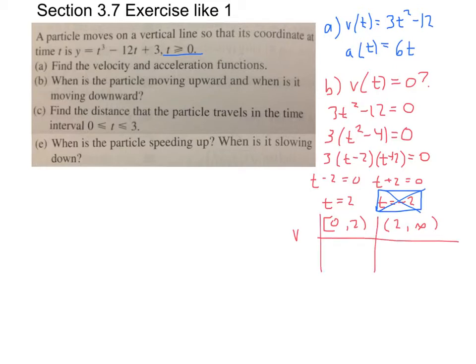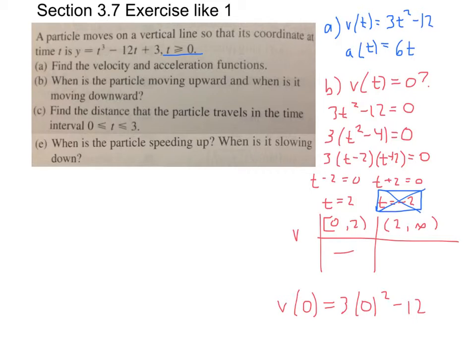Alright, so if I look at velocity, what happens at time t equals 0? Well, then I'm substituting 0 back in. So v of 0 is equal to 3 times 0 squared minus 12. And what sign is that going to give me? It's going to give me a negative sign.